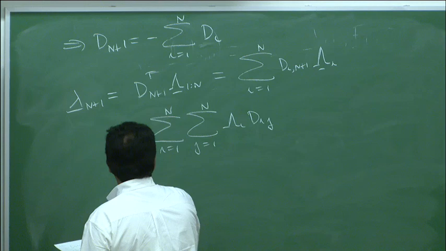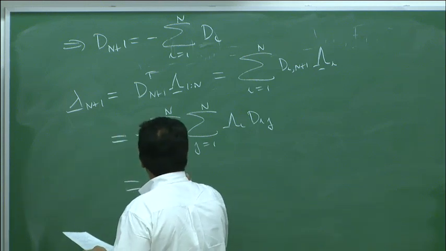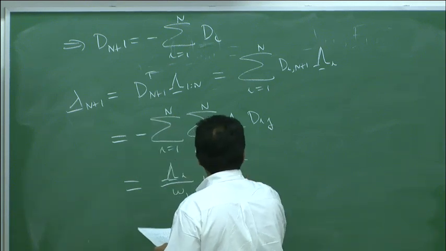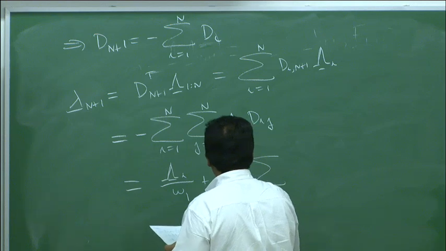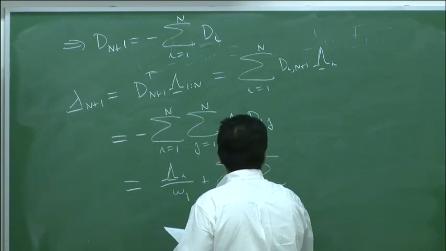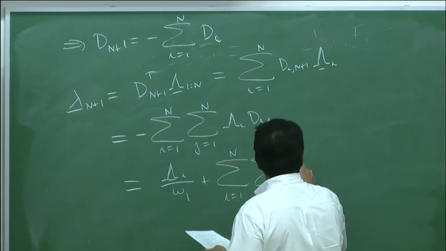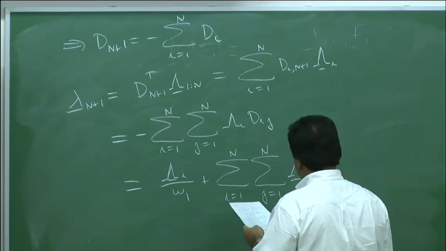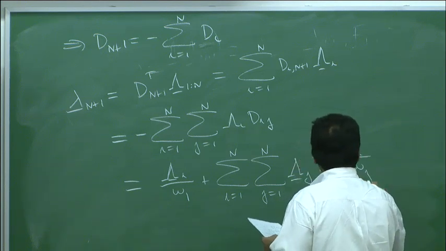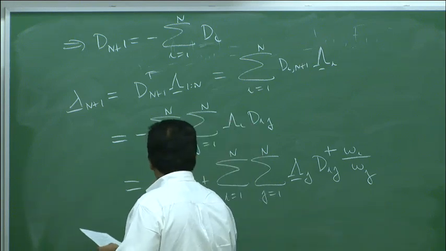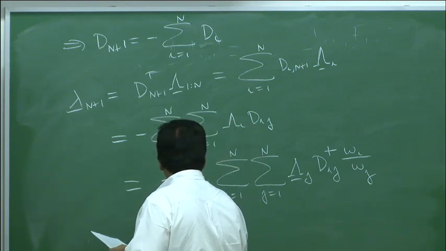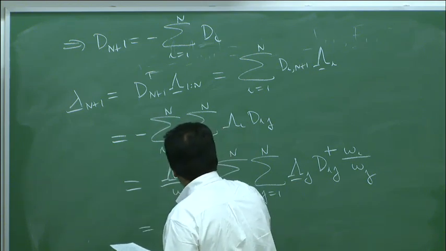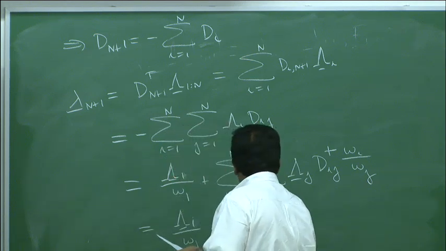And that, if I write this in terms of D dagger, is equal to lambda_1 over w_1 plus the sum, from i equals 1 up to n and j equals 1 up to n, of lambda_j times D_{ij} dagger times w_i over w_j.